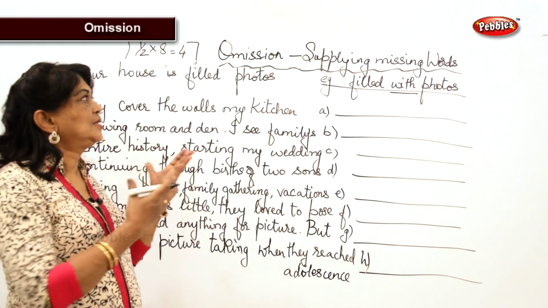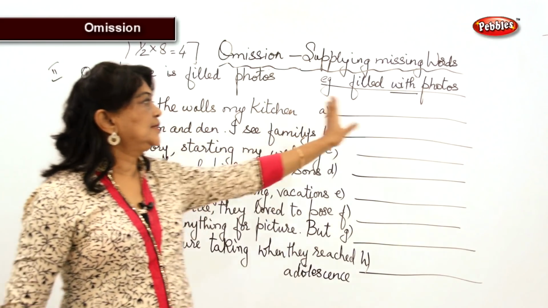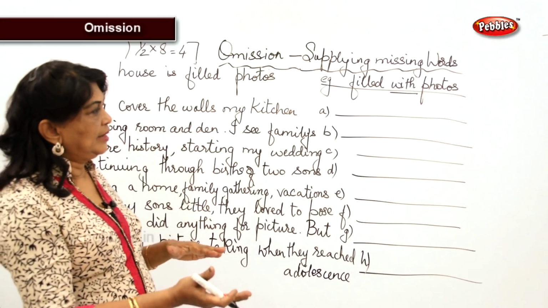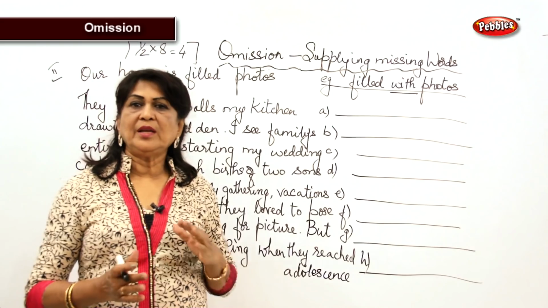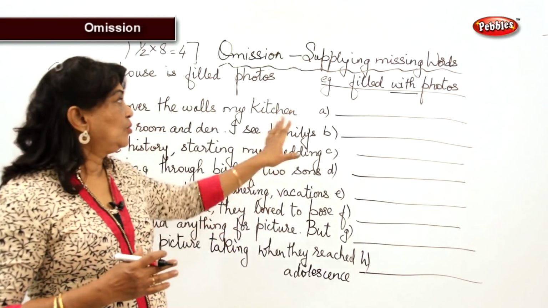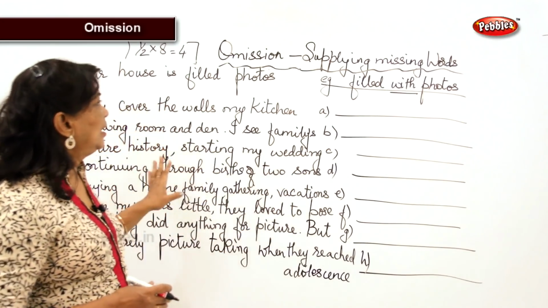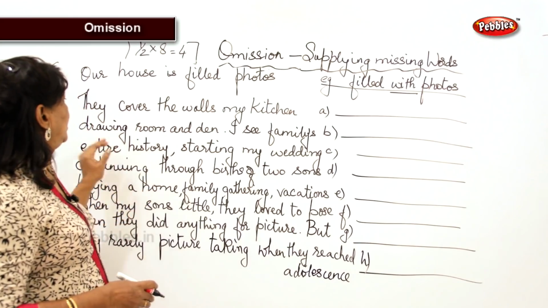So, you have to supply the missing words over here for each sentence, the missing word with the previous word and the latter word, that is the next word, so that you won't have any doubt as to which word you have fitted in, okay, and you have to underline the missing word.